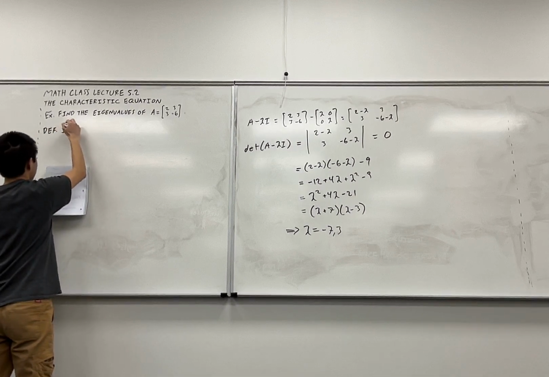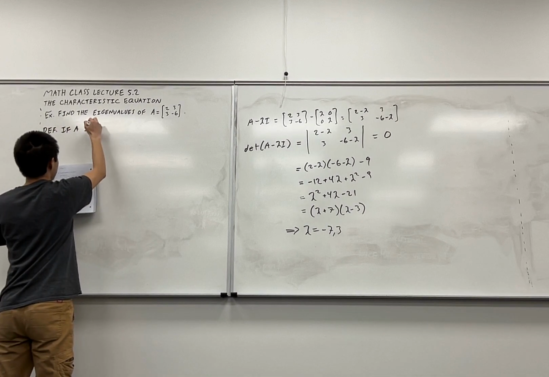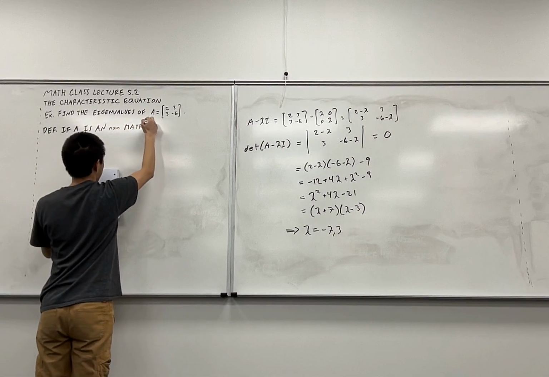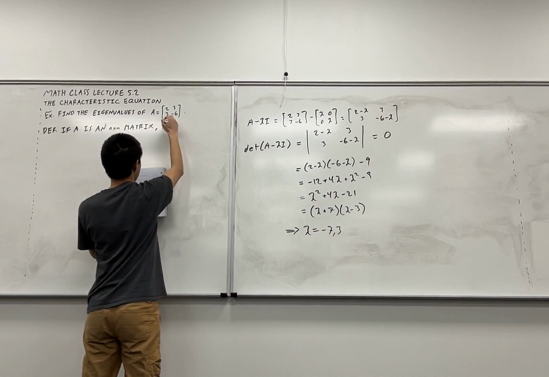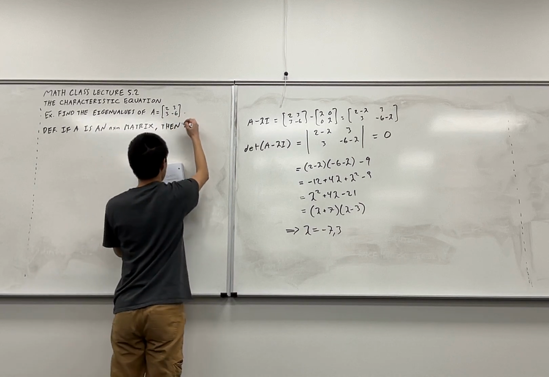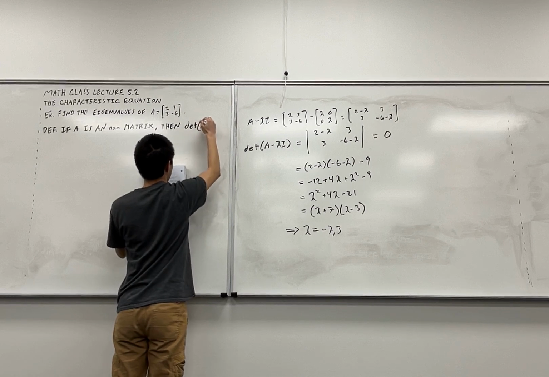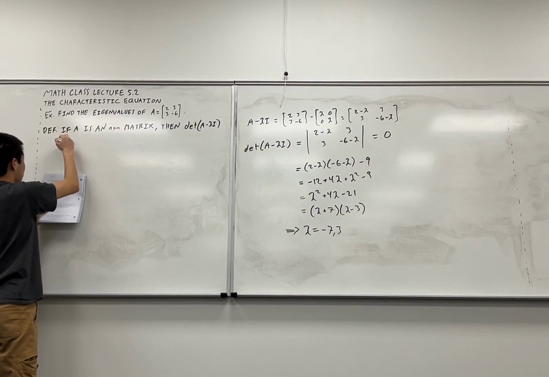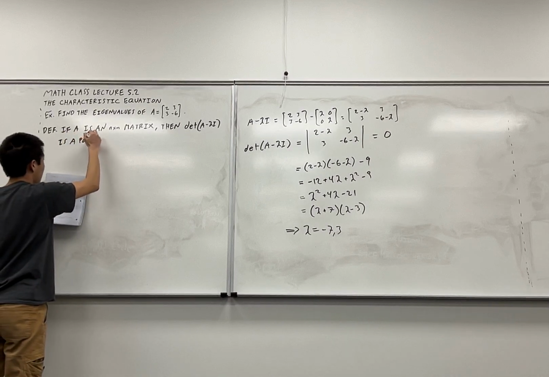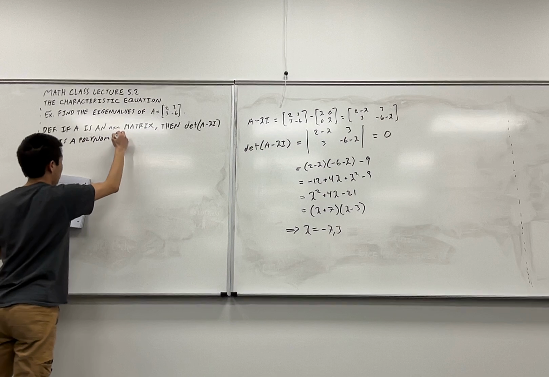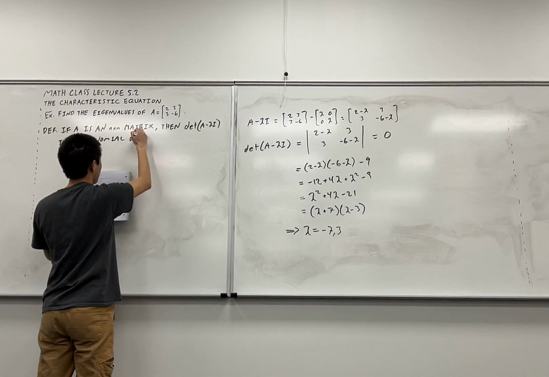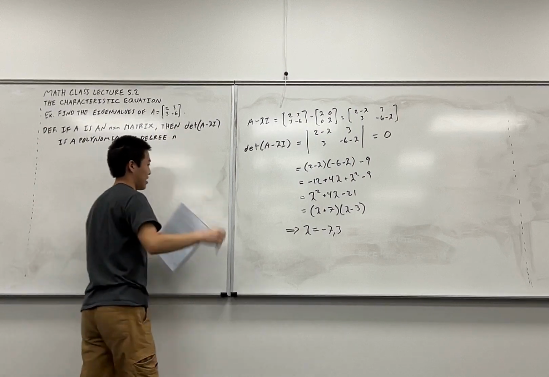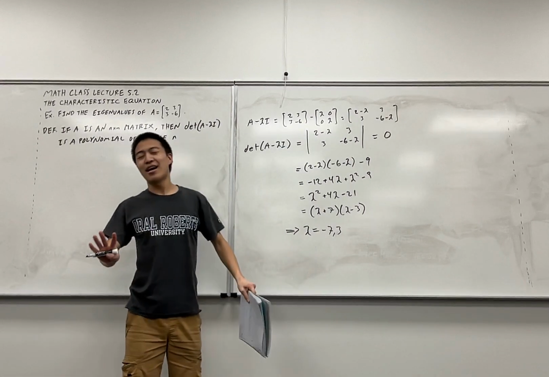If A is an n by n matrix, then the determinant of A minus lambda I is a polynomial, as we can see from the example, a polynomial of degree n. Like I said, 2 eigenvalues for a 2 by 2, entirely coincidental.